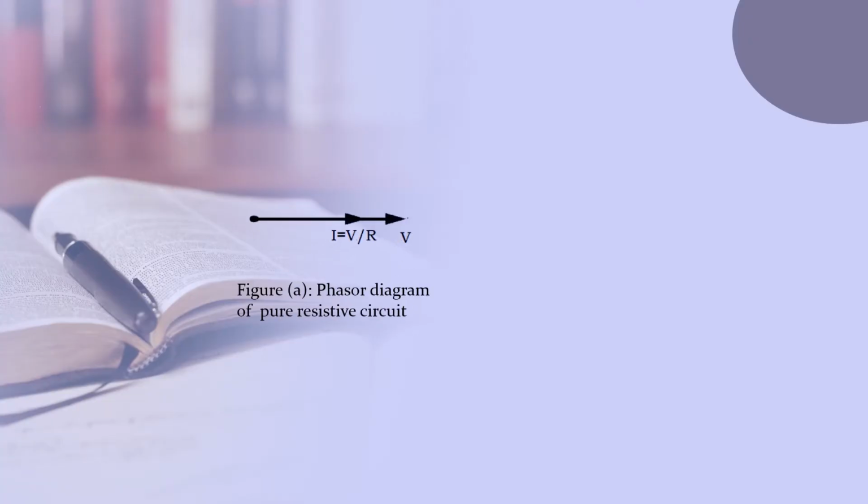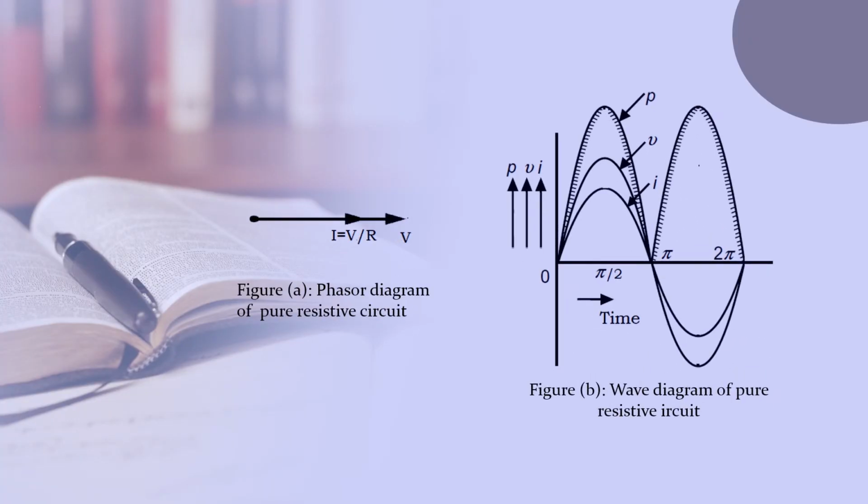The phasor diagram and wave diagram are shown in figure A and B respectively. Hence, in an AC circuit containing pure resistance, current is in phase with voltage. So the phase angle between voltage and current is 0, and cos θ is equal to 1 because θ is 0, so cos 0 is 1.